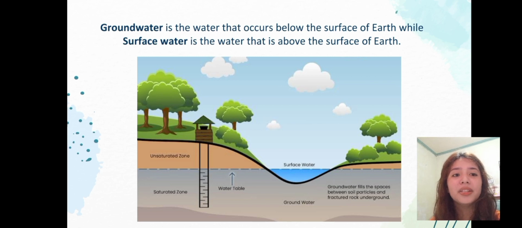As you can see here, the surface water is above the surface of the earth, or above the groundwater, and the groundwater is below the surface of the earth. When there is a collision in the soil and in the clouds, we have the rain, we can get the groundwater.